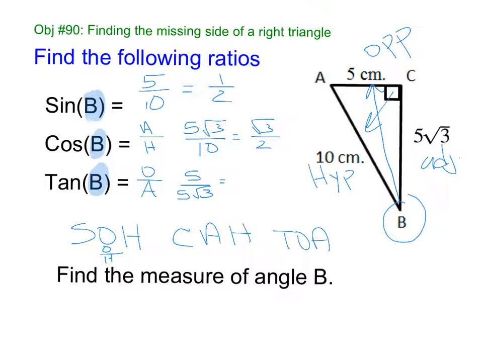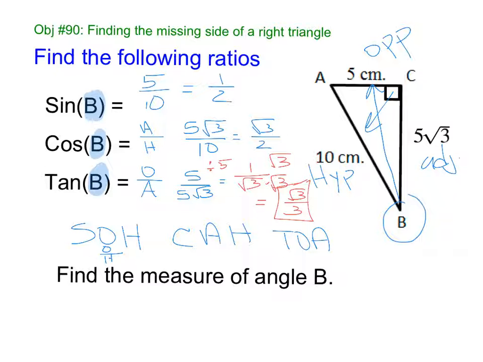That simplifies. You can divide the top and bottom by 5. If we divide by 5, we get 1 over root 3. And this is why I taught you how to rationalize the denominator. Multiply the top and bottom by root 3. And our final answer is root 3 over 3. Right? That was the purpose of that lesson.